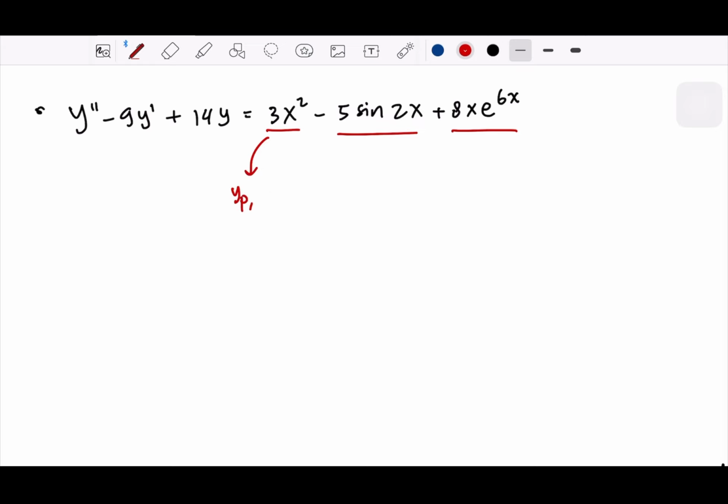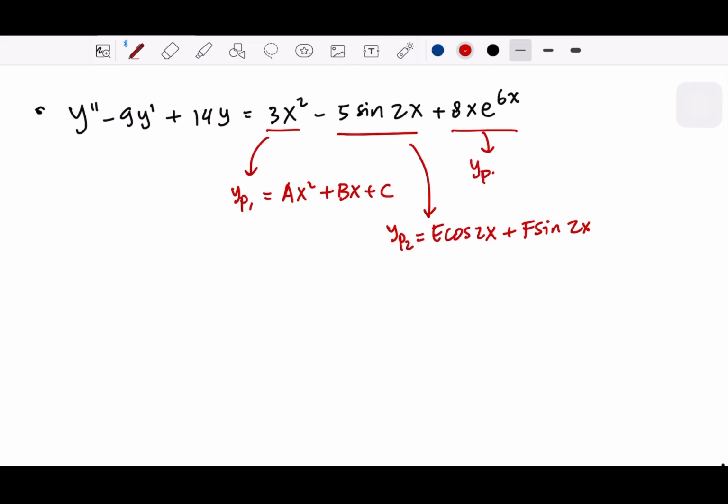So we can have yp1. It's a quadratic, so we can have ax squared plus bx plus c. And for the sine, we can have yp2, which is d cosine 2x plus f sine 2x.